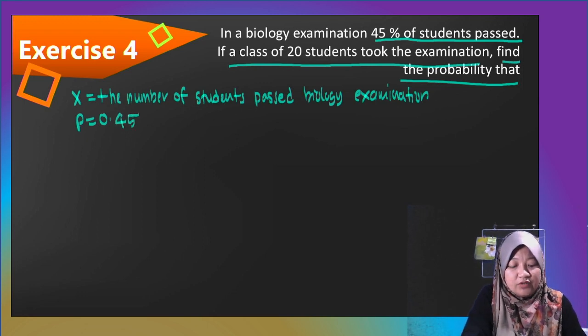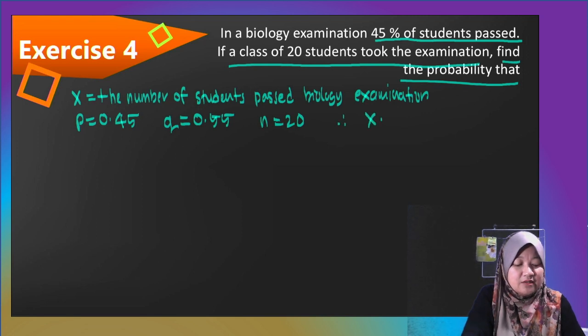And then kita boleh terus cari Q. Q is 0.55. N is 20. We have 20 students in this class. Therefore, kita tulis X is distributed binomial 20 and P dia adalah 0.45.